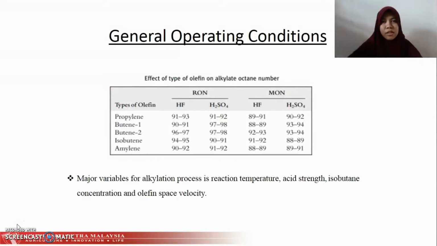Next, the general operating conditions for our process. The presence of olefin with butane will lower the octane number and increase the acid consumption. The table shows the octane number of alkylate produced from light olefins. Major variables for the alkylation process are reaction temperature, acid strength, isobutane concentration, and olefin space velocity.